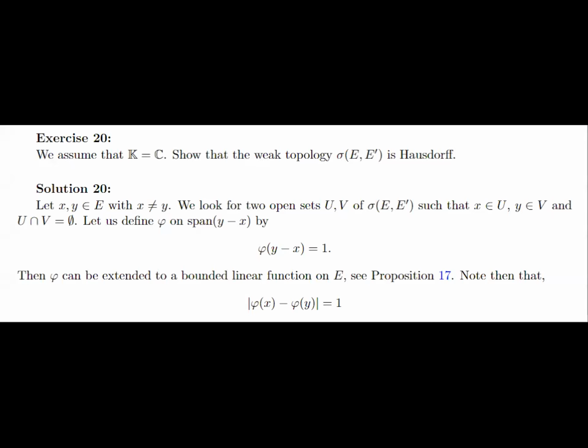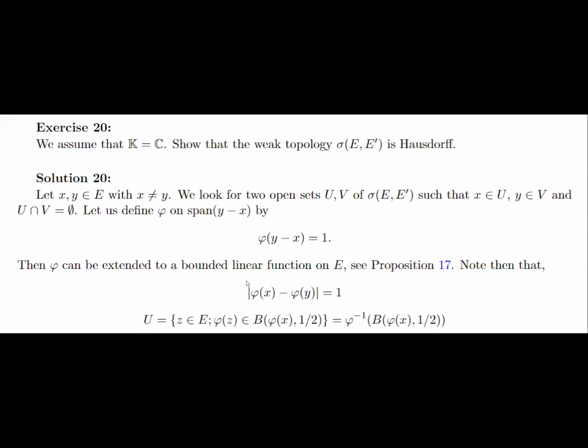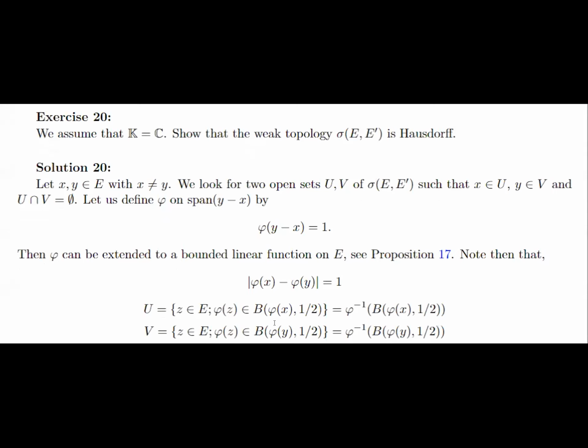So next it's the same. I will define U. Now the ball of radius 1/2 centered at phi of x, and the ball centered at phi of y of radius 1/2. The intersection of those two balls is the empty set, right?